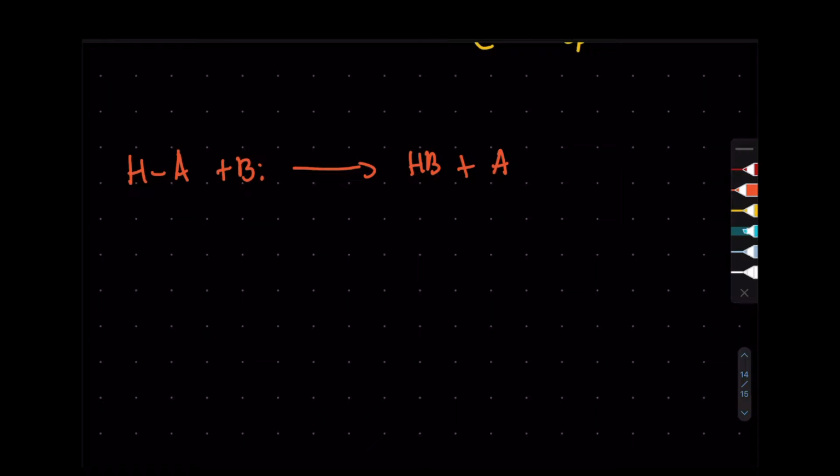So what is happening is, using curved arrows, the base is pulling off a hydrogen and leaving the electrons behind, so that this HB means that it's the conjugate acid because it gained a proton, and this A right here just means a conjugate base.